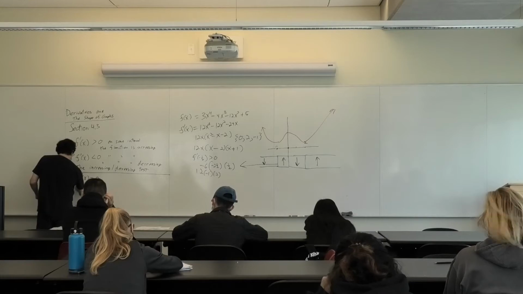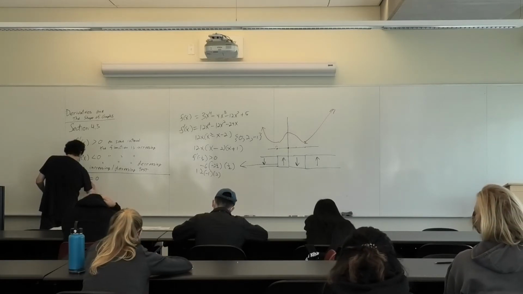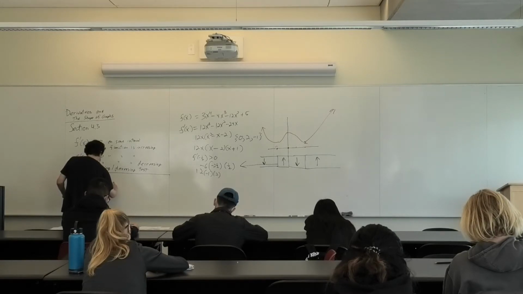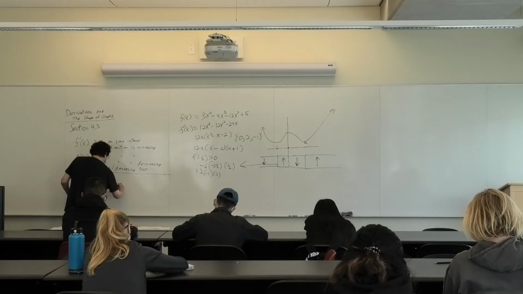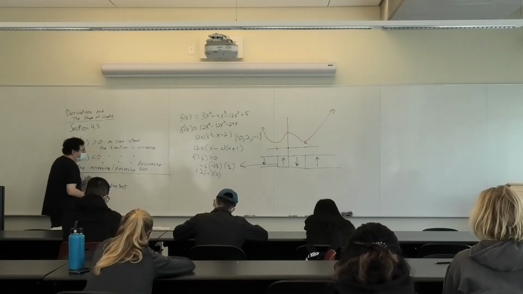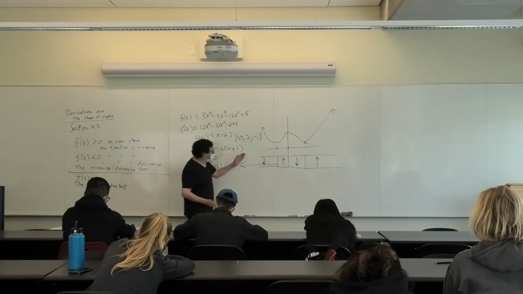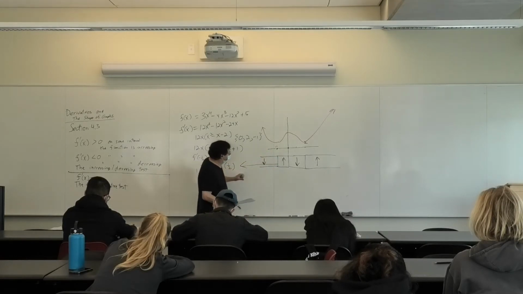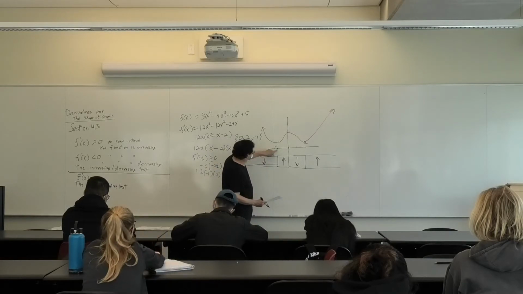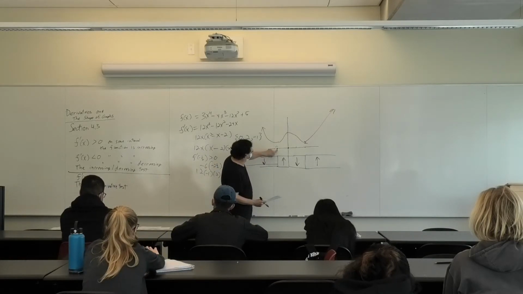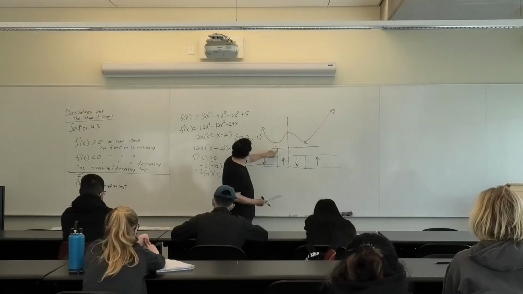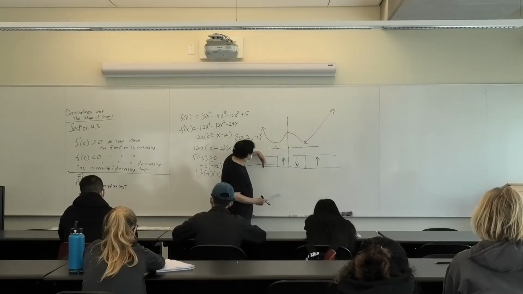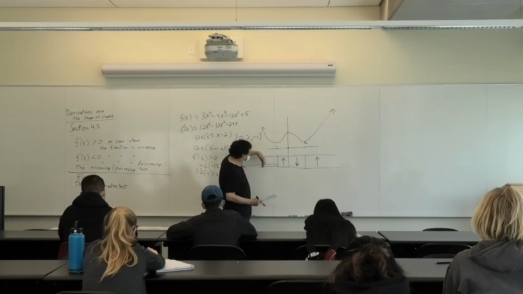So now we have what we call the first derivative test. It says when you're looking at these regions here, we know that the derivative goes to 0 at -1, but it's going from negative to positive.